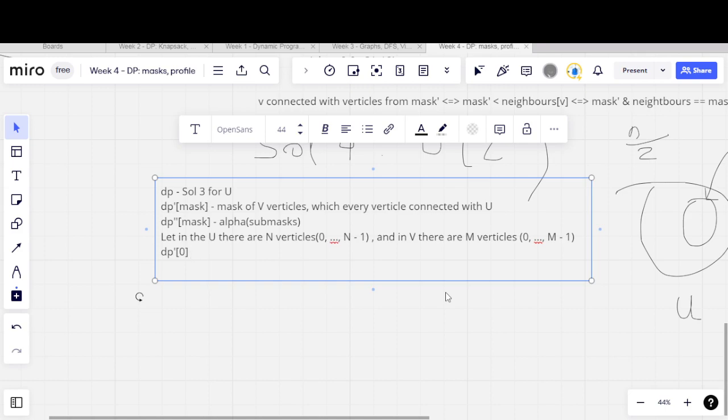Okay, its base, what will it be, dp strich.